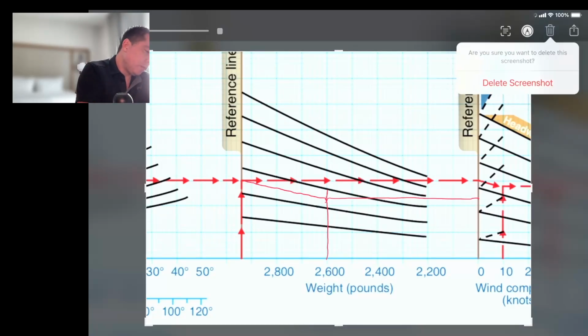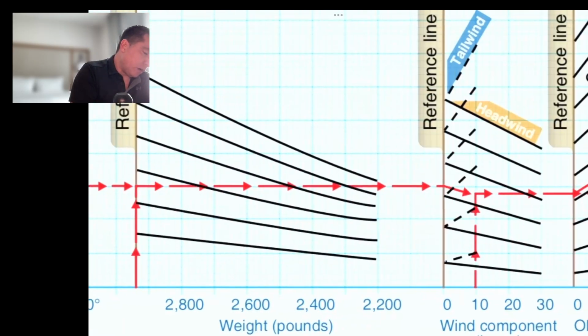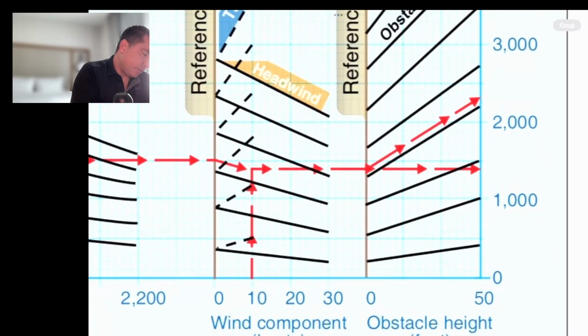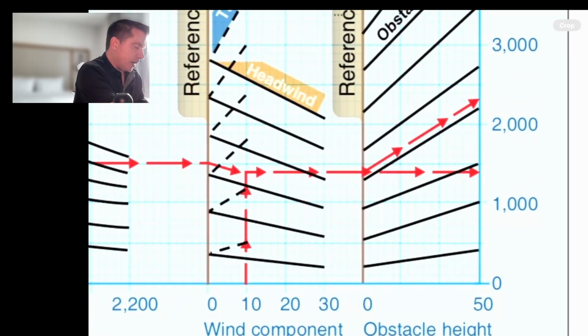And you keep doing that all the way across through the headwind and the obstacle height. You're going to do the same exact thing. You may have to interpolate, and you'll go down for the headwind, and then go up on the obstacle height. If there's no wind or no obstacle, you just go straight across.